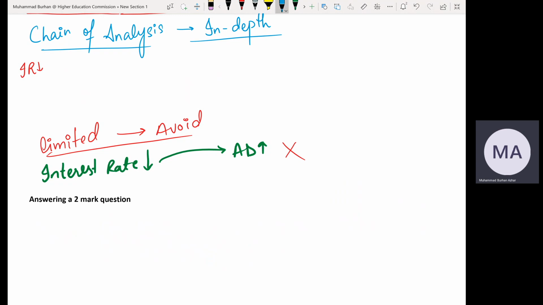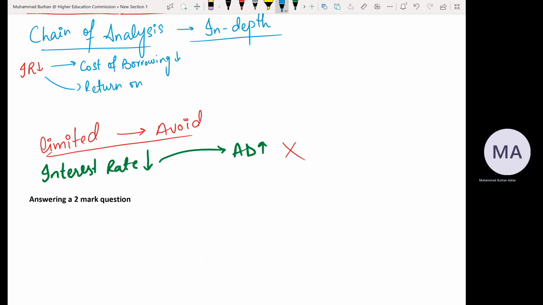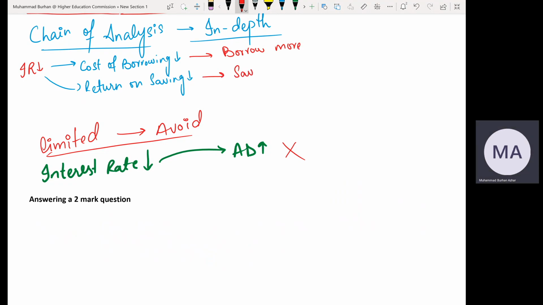सबसे पहले है कि interest rates reduce हैं. तो सबसे पहली चीज जो होती है, that is the cost of borrowing. The cost of borrowing reduces, and simultaneously the return on saving also reduces. ठीक है? What that means is that people will now borrow more and people will save less. And this is not only about the people, we are also talking about firms as well, okay? Households and the firms.